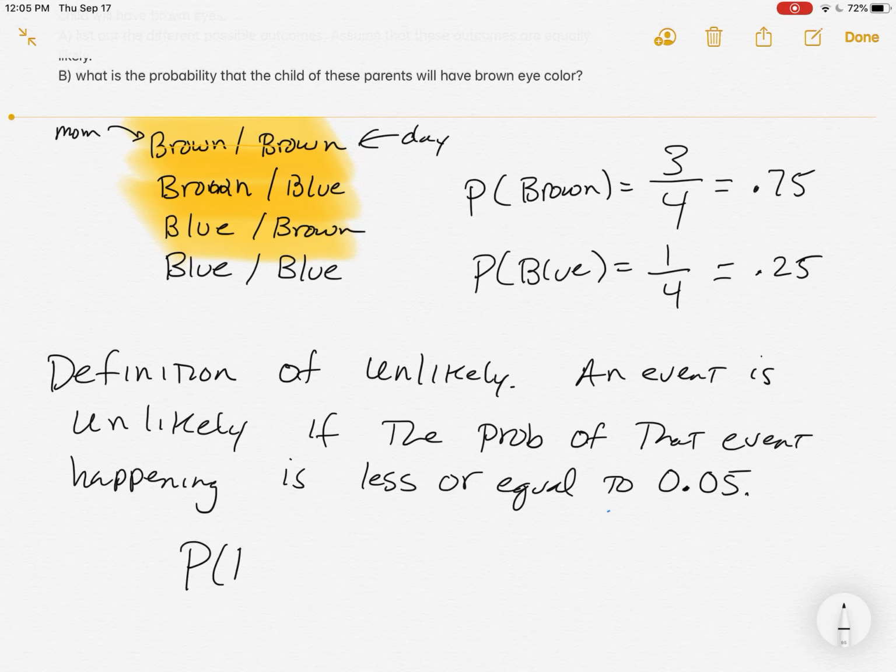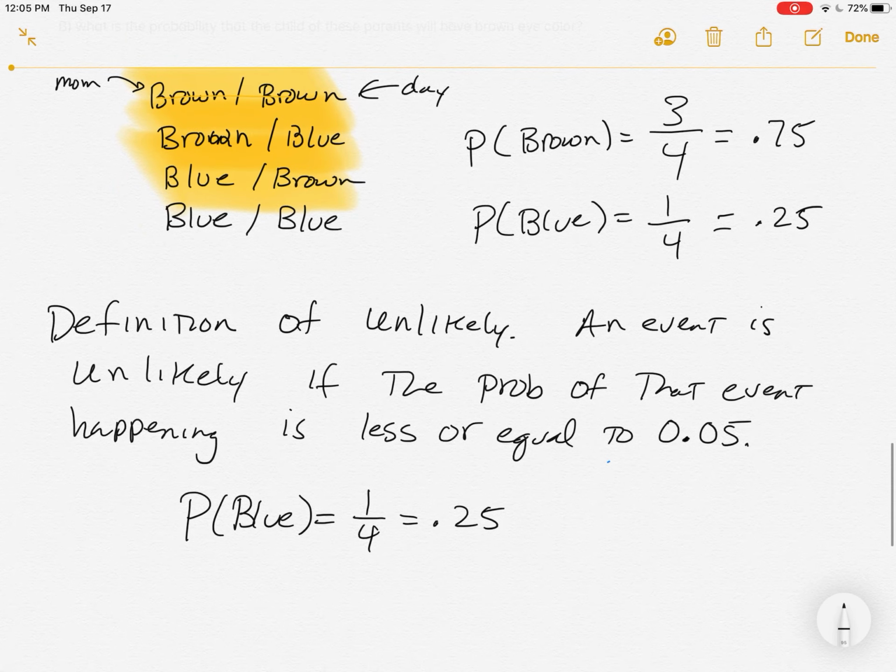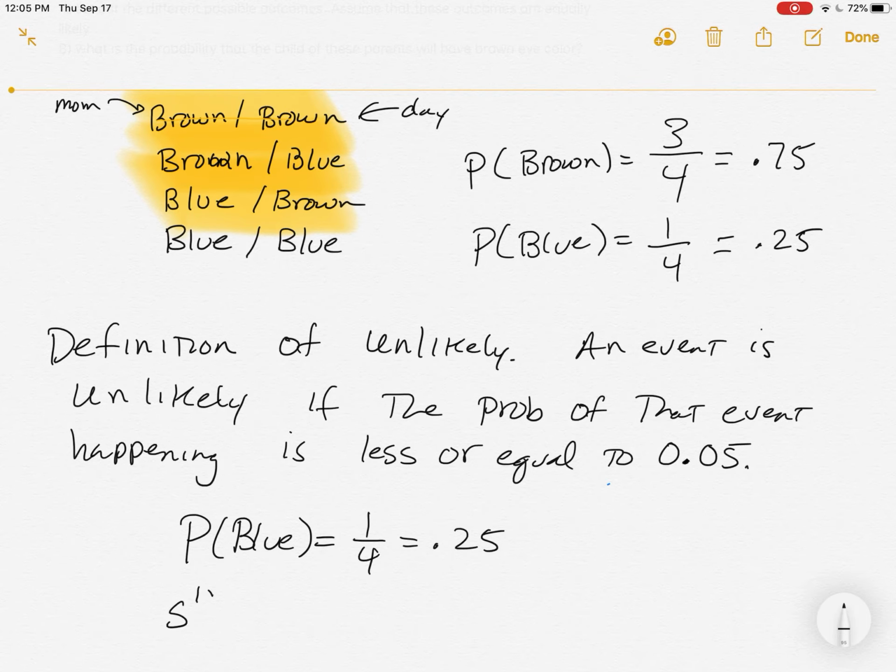So take a look at the probability of having blue eyes. The probability of having blue eyes we saw was fraction-wise 1 out of 4. If we put that in our calculator, or maybe we just know it's 0.25, this is not less than 0.05. It's way bigger. It's 5 times as big. And so because 0.25 is greater than 0.05, it is not less than or equal to 0.05, which is what we're trying to find.